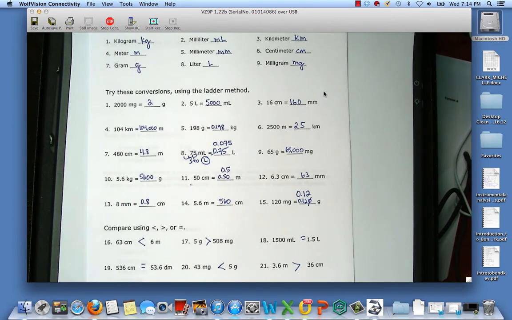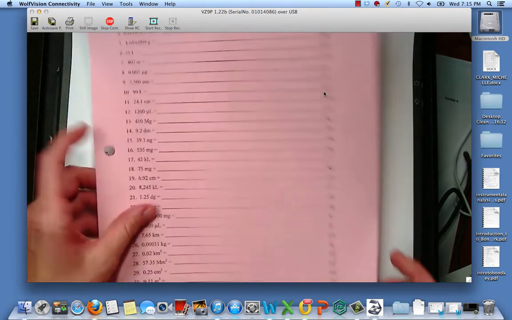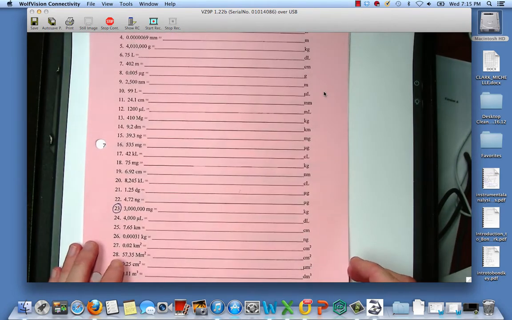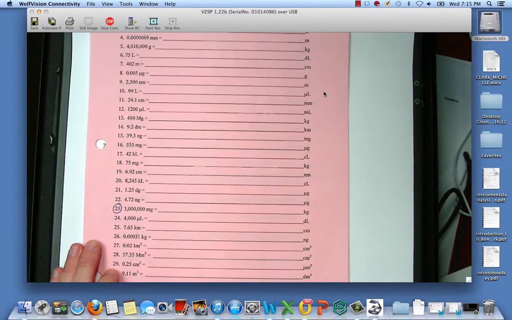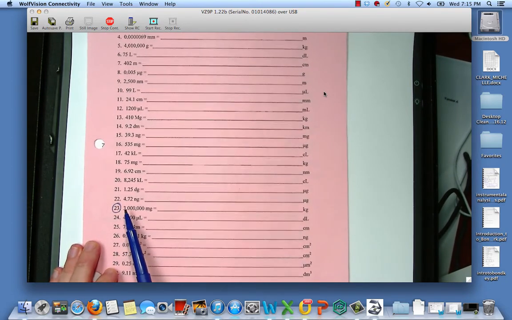I wanted to do one more problem that comes from your pink book, and I'll project it so you can see it. So this is number 23 on page 13 of your pink book.